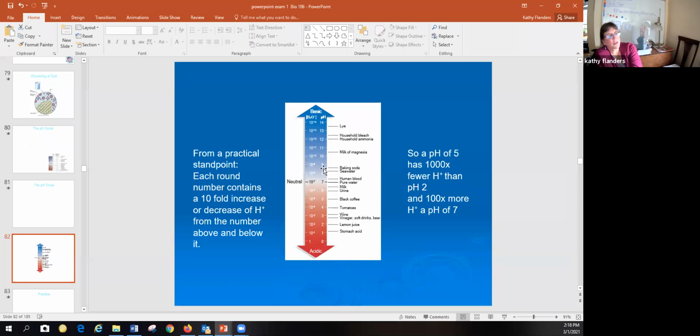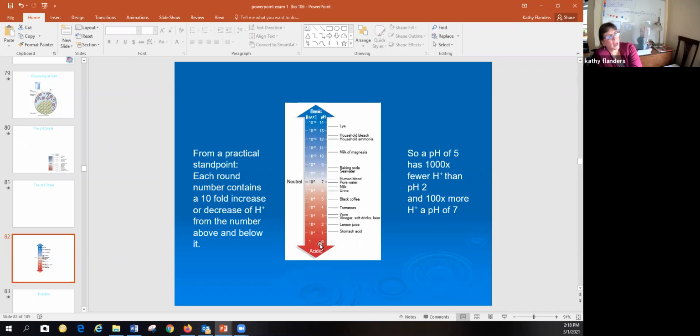So even though a pH of 9, I would call basic, it has 10 times more hydrogen ions than a pH of 10. Even though they're basic, the highest amount of hydrogen ions is down here at the bottom in the acidic range, and the lowest amount is at the top.